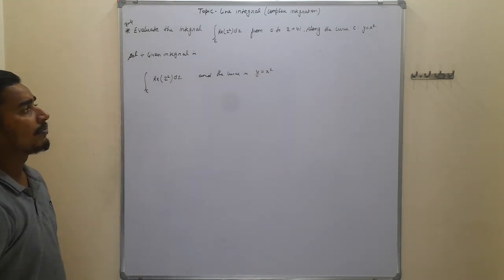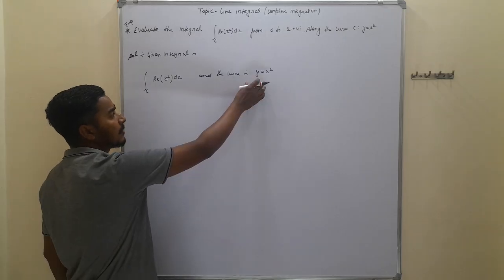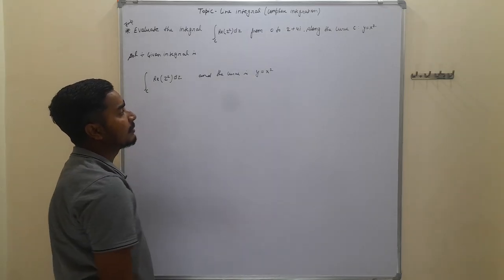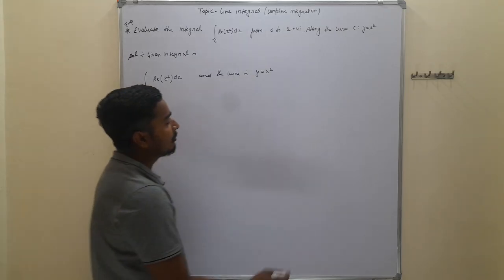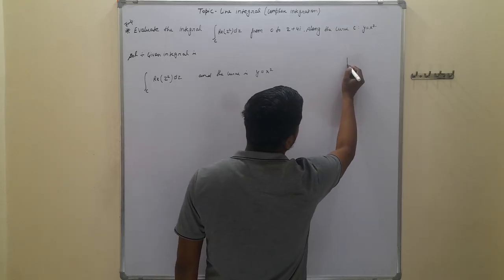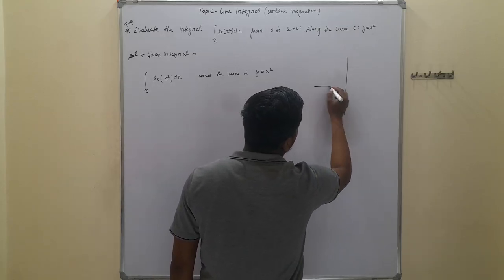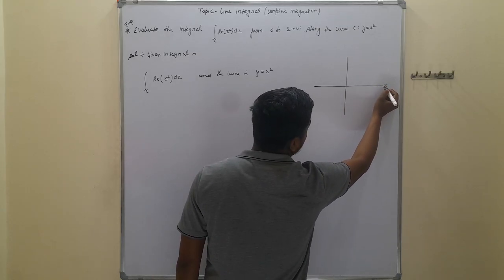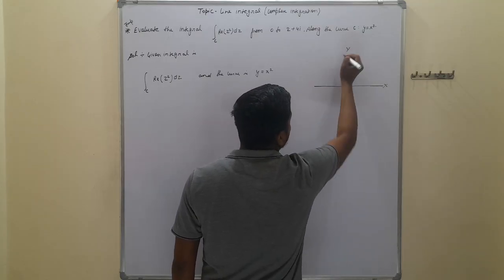First we have to draw the figure. y is equal to x square is a quadratic function which represents a parabola. So we draw here, this is the x axis and this is the y axis.